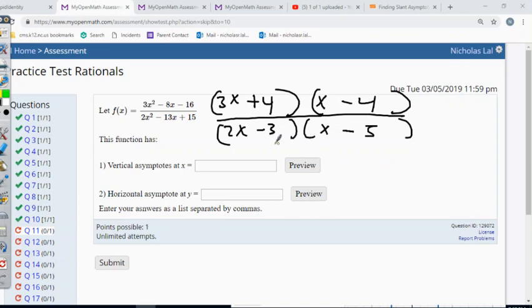So our vertical asymptotes: 2x minus 3 is equal to 0. 2x is equal to 3. X is equal to 3/2. And x minus 5 is equal to 0. X is equal to 5.